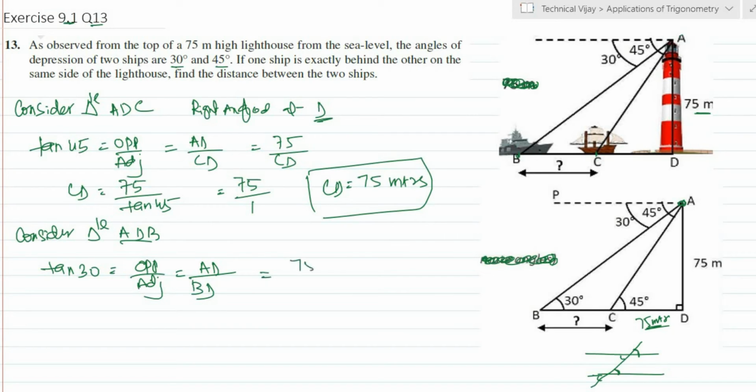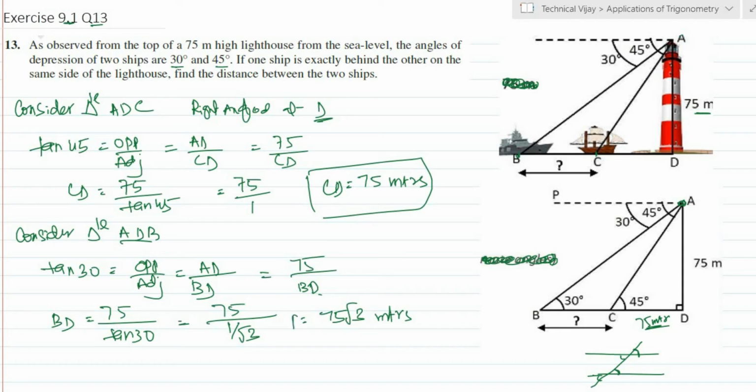AD is equal to 75, so BD we have to calculate. BD is equal to 75 divided by tan 30. Here tan 30 is 1 by root 3, which gives 75 root 3 meters. This is BD.